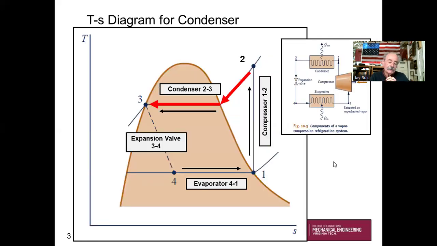Okay, so let's look at the T-s diagram for the condenser process. We're coming out of the compressor at state 2. If it's an ideal refrigeration cycle, it would be state 2i, or as your book would say, 2s, because the compressor would be reversible and adiabatic.